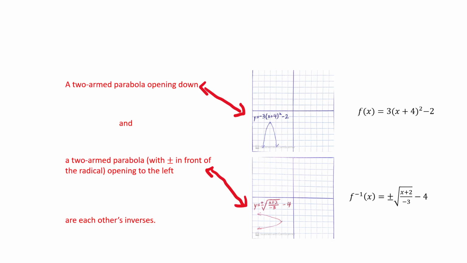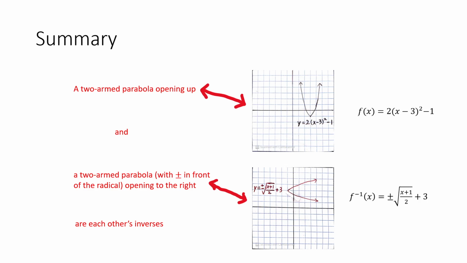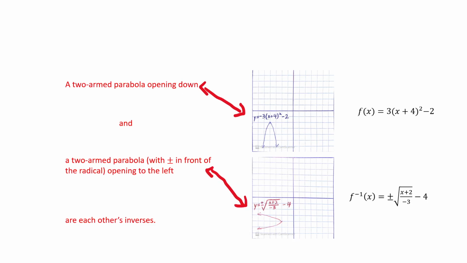So, to summarize, a two-arm parabola opening up and a two-arm parabola with a plus or minus in front of the radical opening to the right are each other's inverses. A two-arm parabola opening down and a two-arm parabola with plus or minus in the radical opening to the left are each other's inverses.